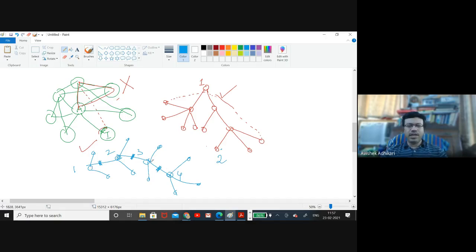In that way, trees play an important role in computer science. In electronics, suppose you want to have some connectivity between these vertices. Suppose they are the points where you want to make a connection, like making a short, and then you need to find a path.